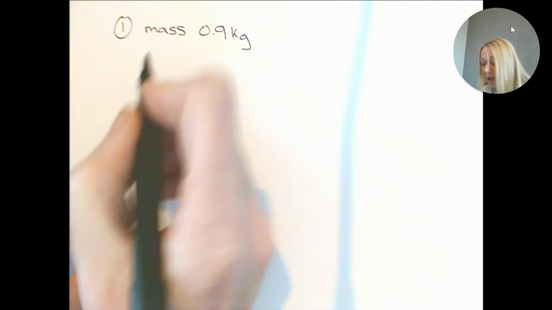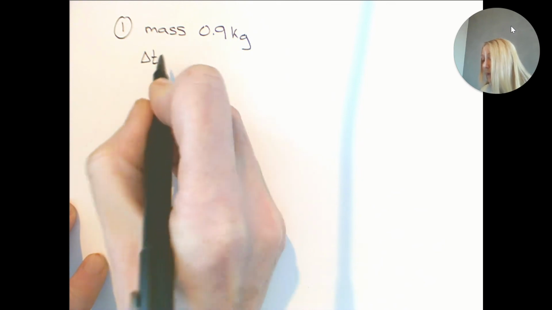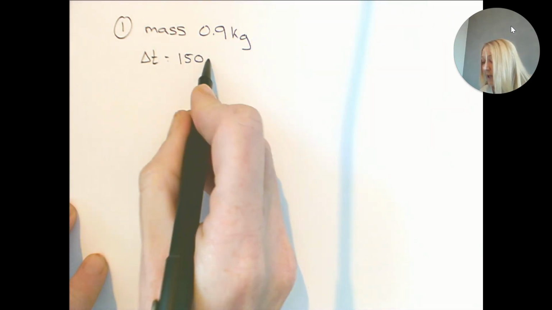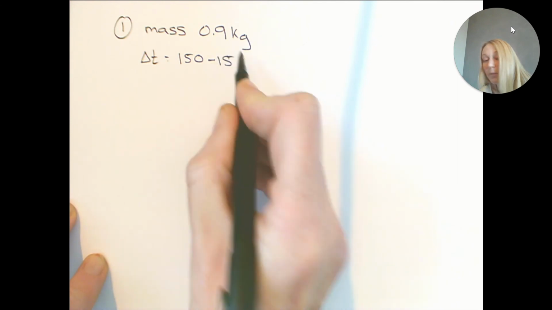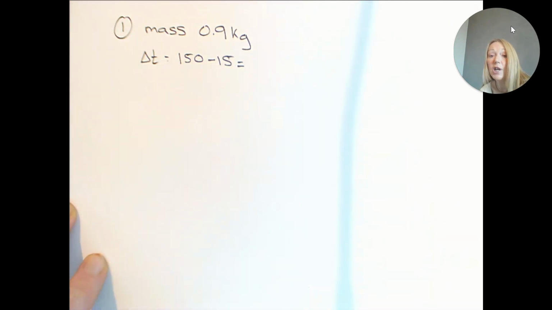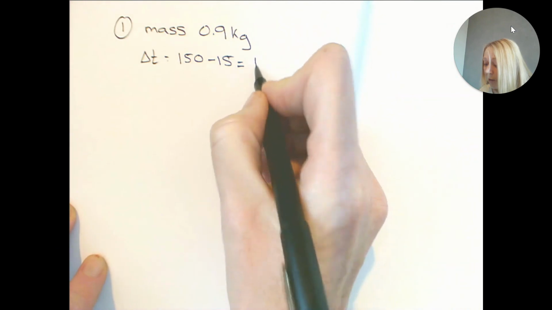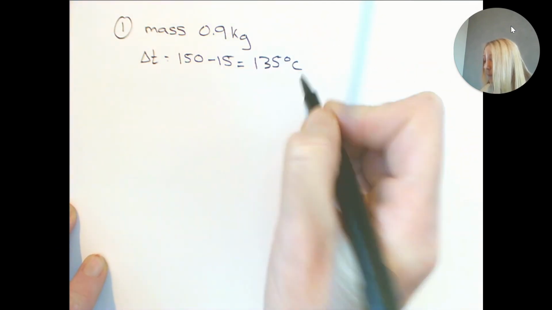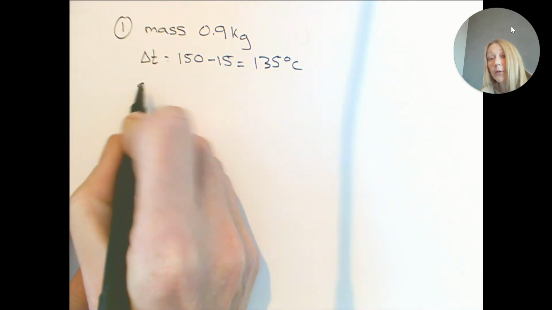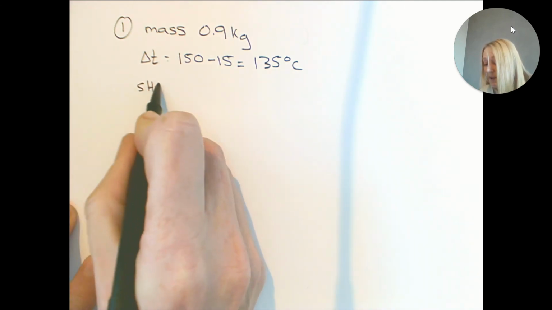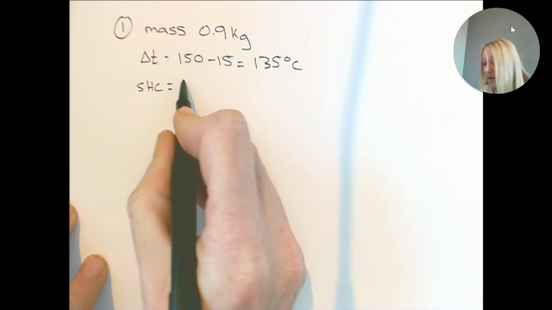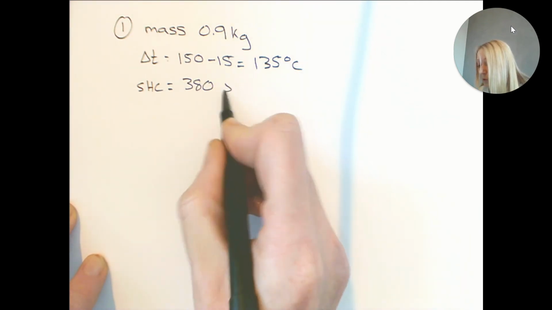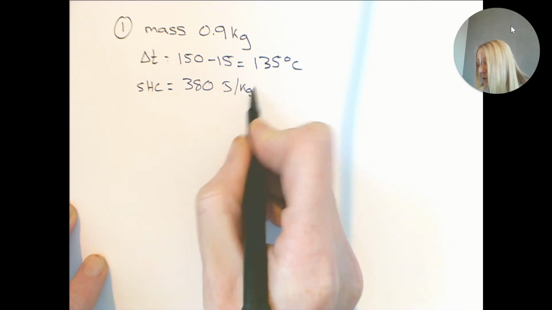They gave us a change in temperature, and that was from 150 was the end temperature, take away the initial temperature, gives us a change in temperature of 135 degrees. And they also gave us the specific heat capacity as 380 joules per kilogram degree.